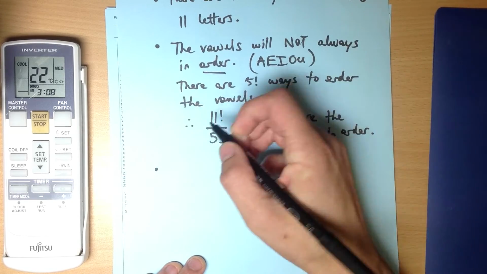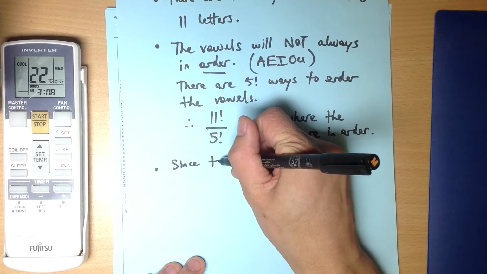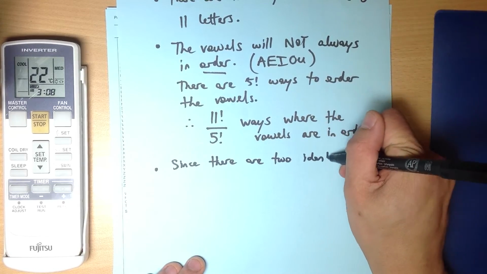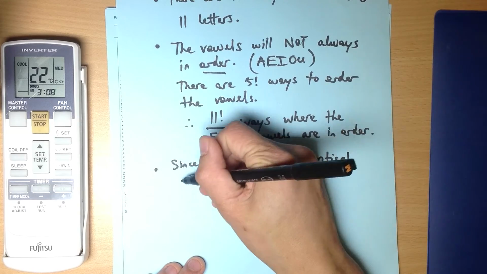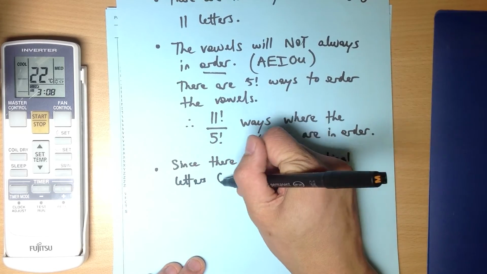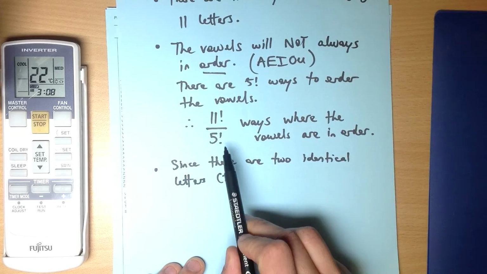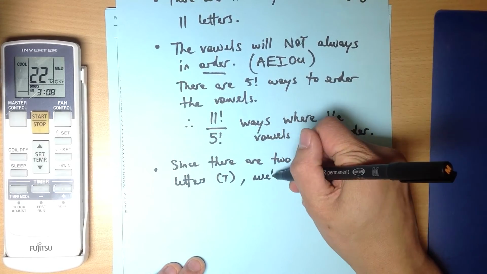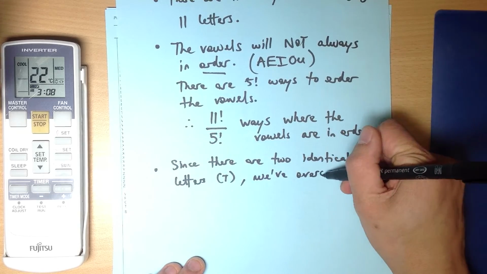So therefore, since there are two identical letters, and again, I'm going to write this down as part of my answer because it demonstrates that I know where the numbers that I'm writing are coming from, we've overcounted by a factor of 2 factorial.